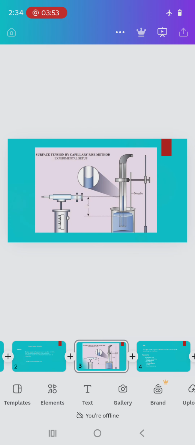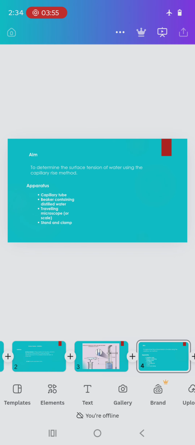These are the apparatus. The aim of the experiment is to determine the surface tension of water using the capillary rise method.